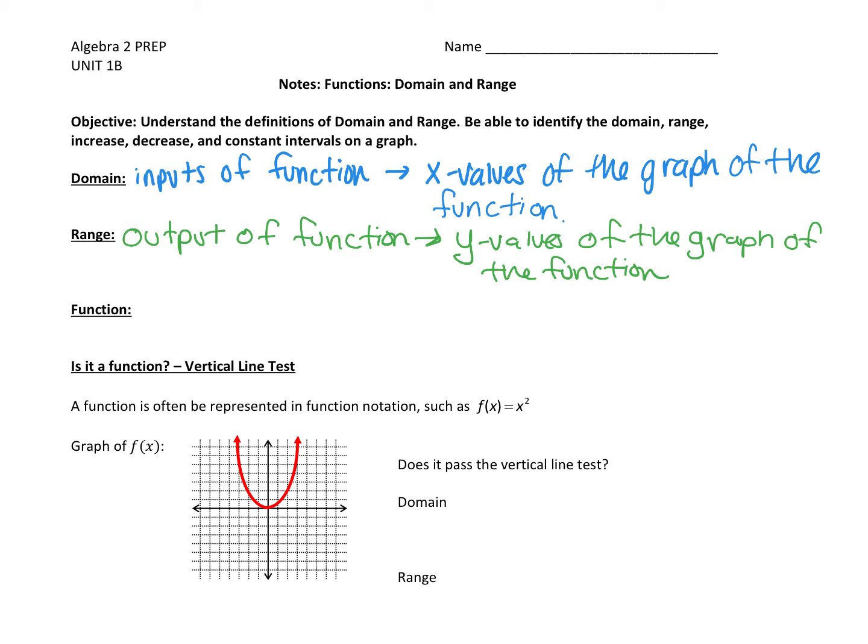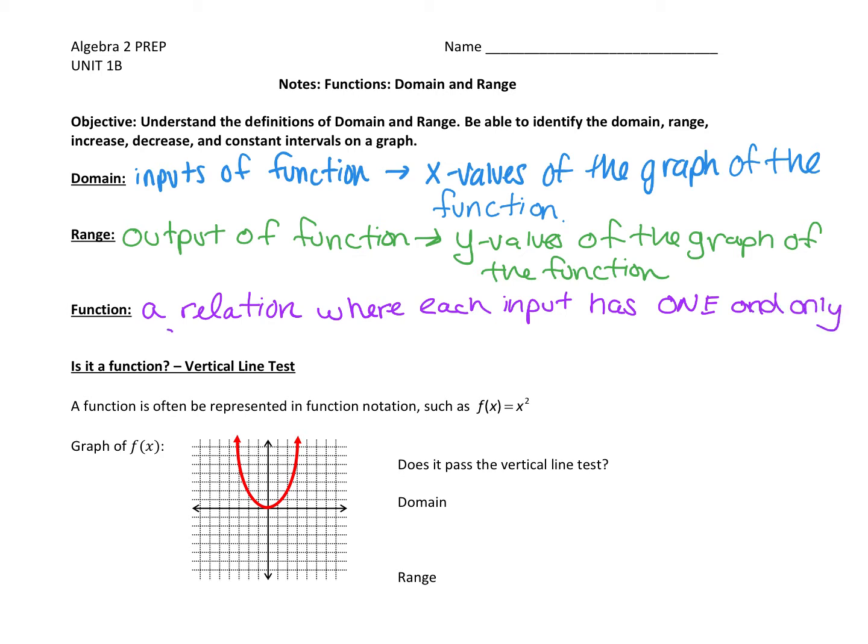Now, a function is a relation. So every type of equation is a relationship. Whether it's a function or not depends on whether it is a relationship where each input has one and only one output.